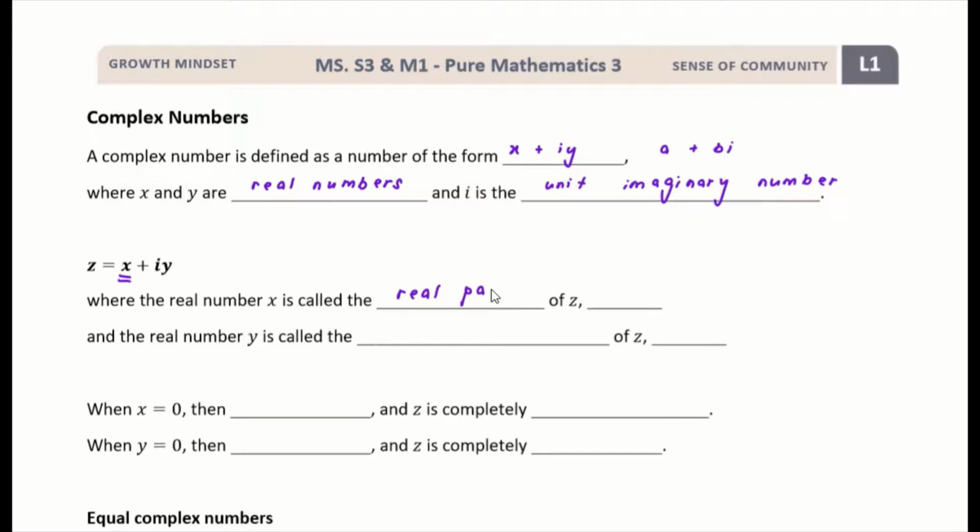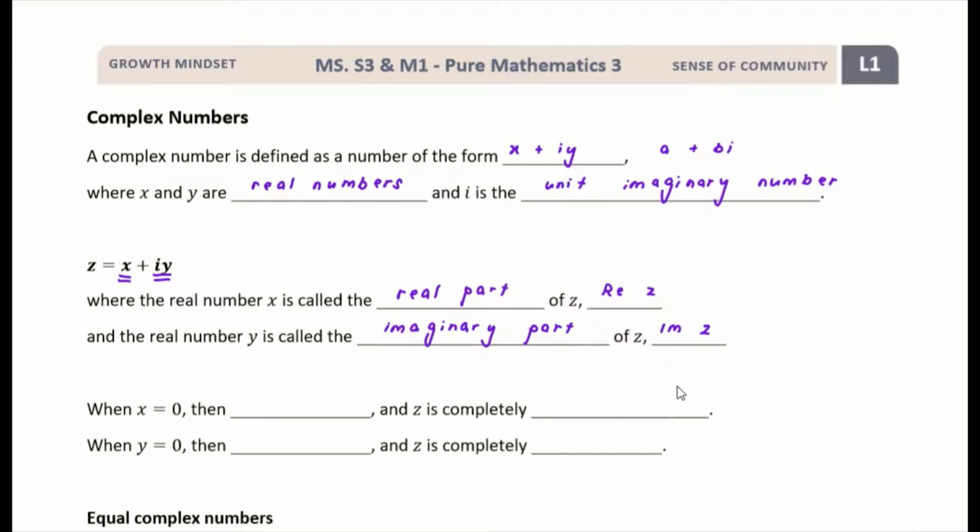So in short, we will call it Re z. Okay, and then for the part for the y, the y is actually the multiple of i. So the real number y is the imaginary part for z. Okay, imaginary part. So this part will be denoted as Im z.